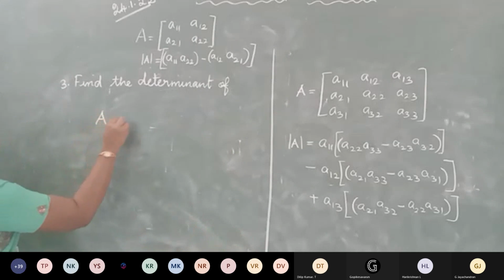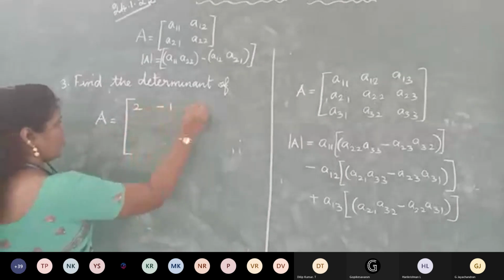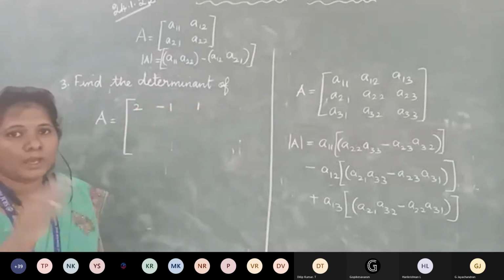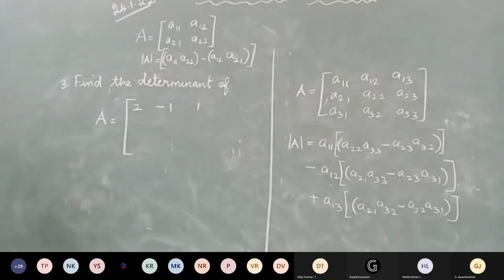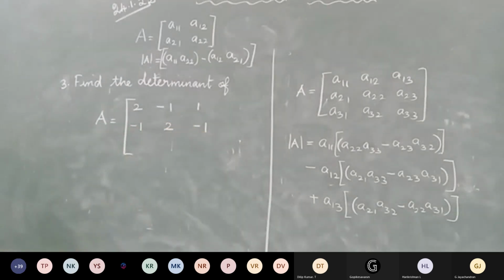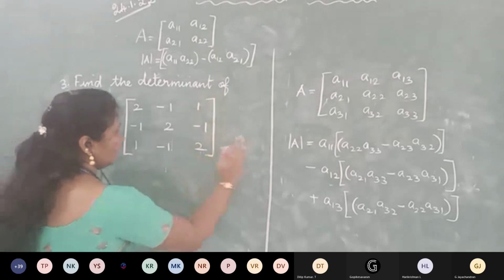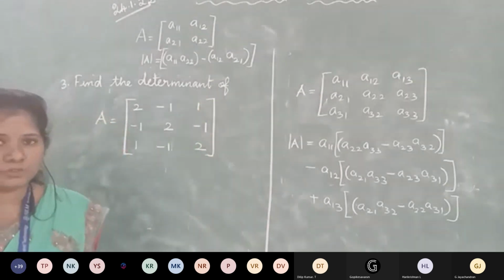So your A is equal to, I will give you the values, 2, minus 1, 1, minus 1, 2, minus 1, 1, minus 1, 2. I will tell you row wise always. Okay, so this is your given 3 cross 3 matrix.